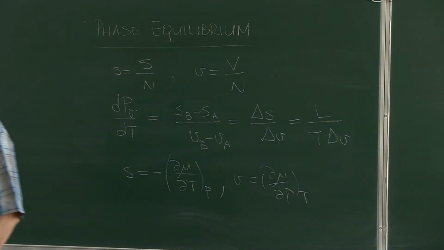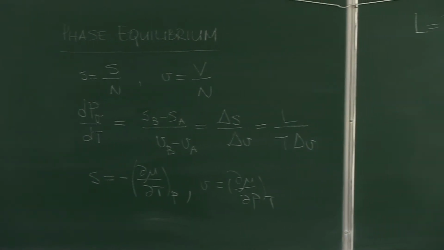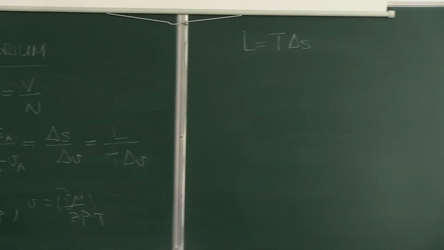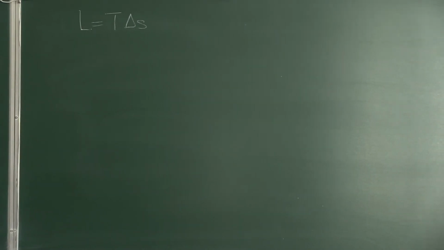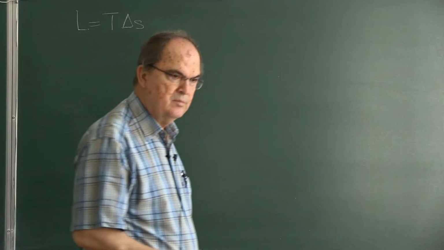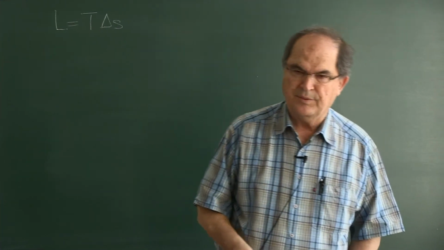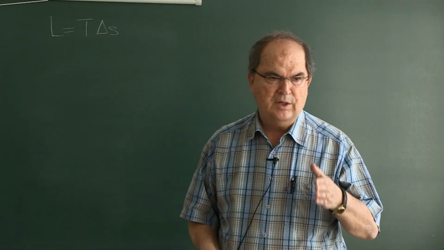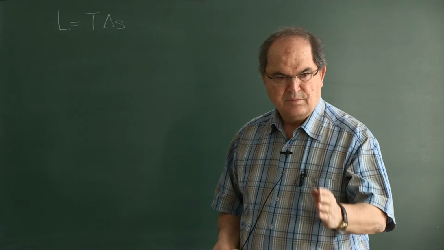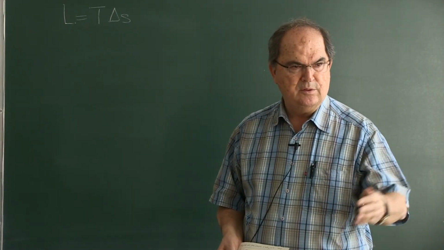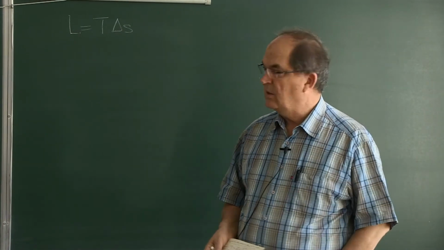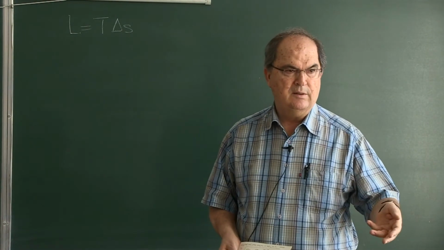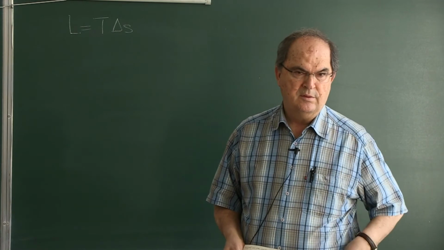T times delta S is heat flow. If there's no phase transition, this heat flow will change the temperature of the system. But at the phase transition, it will change some part of the material into the other phase. If you take liquid, for example, and give heat, it will go into vapor.